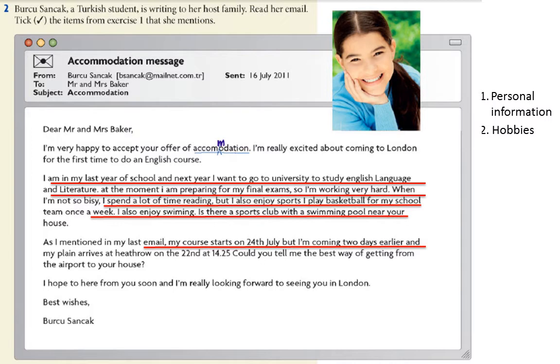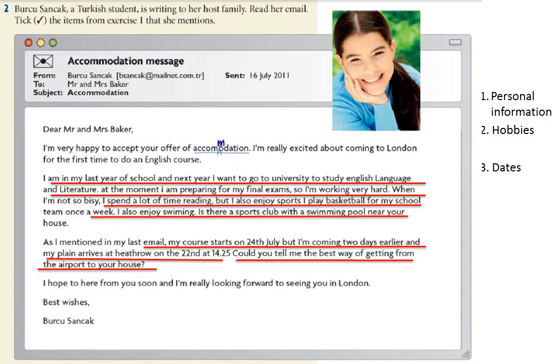As I mentioned in my last email, my course starts on 24th of July, but I'm coming 2 days earlier. And my plane arrives at Heathrow on the 22nd at 14:25. So these two lines are about dates: the day of arrival and the course starting date. Could you tell me the best way of getting from the airport to your house?